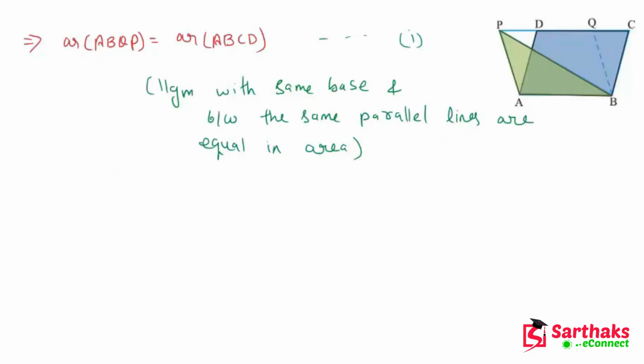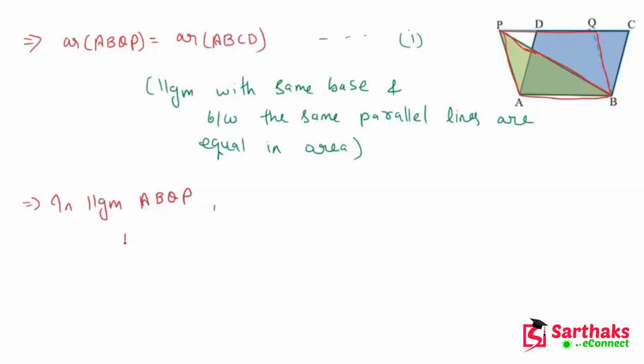Now in parallelogram ABQP, you can see BP is the diagonal.